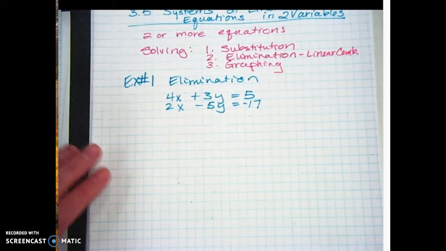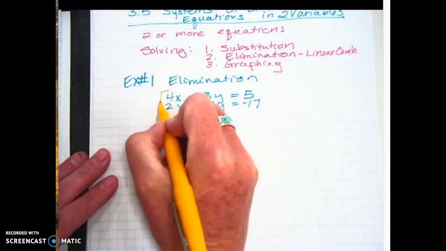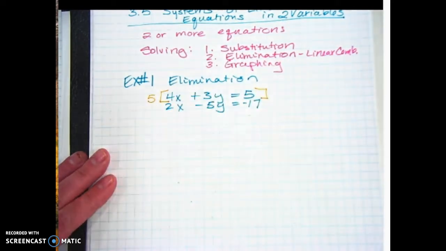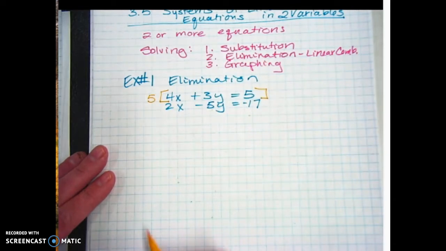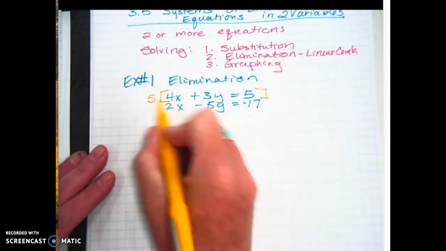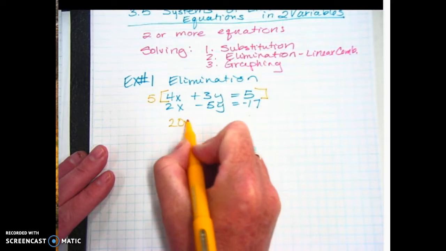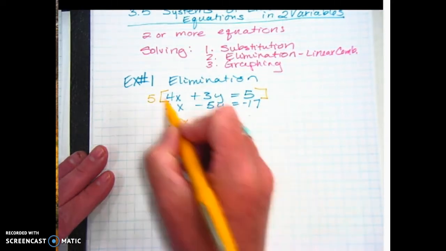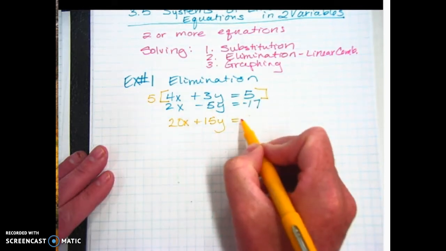Okay, so I'm going to take this first equation and multiply it by 5. So 5 times 4x is 20x. 5 times 3y is 15y. And 5 times 5 is 25.